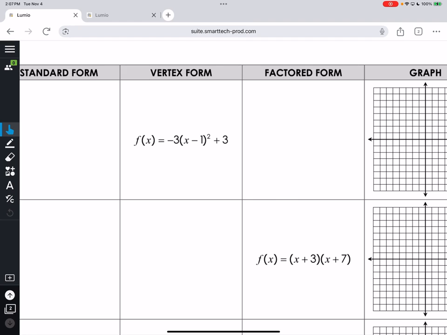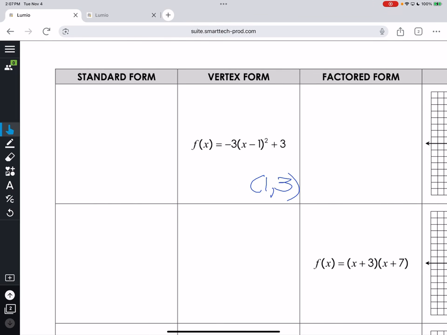Again, we're given vertex form. So what would that be for our vertex? So we have 1 and 3. Go ahead and find out what standard form would be. What is the first thing we do? -3. Well, no, we've got to work the exponent. X minus 1, x minus 1, squared.